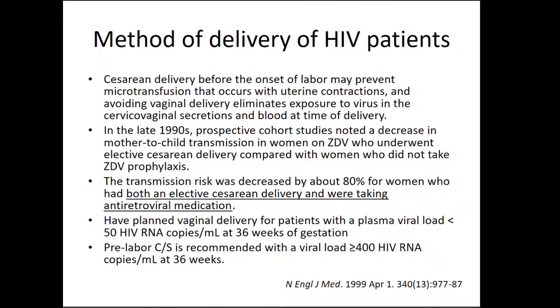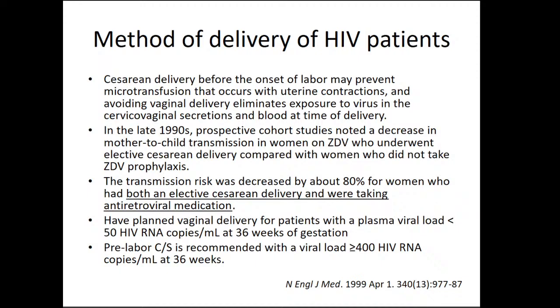The method of delivery for HIV patients is a much-discussed topic. Caesarean delivery before the onset of labor may prevent microtransfusion, which obviously occurs when the uterus starts to contract.